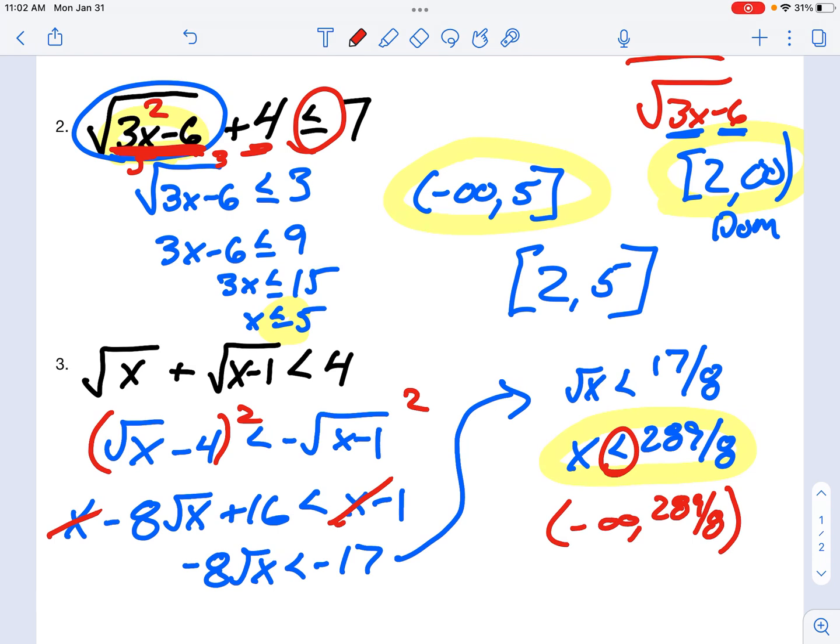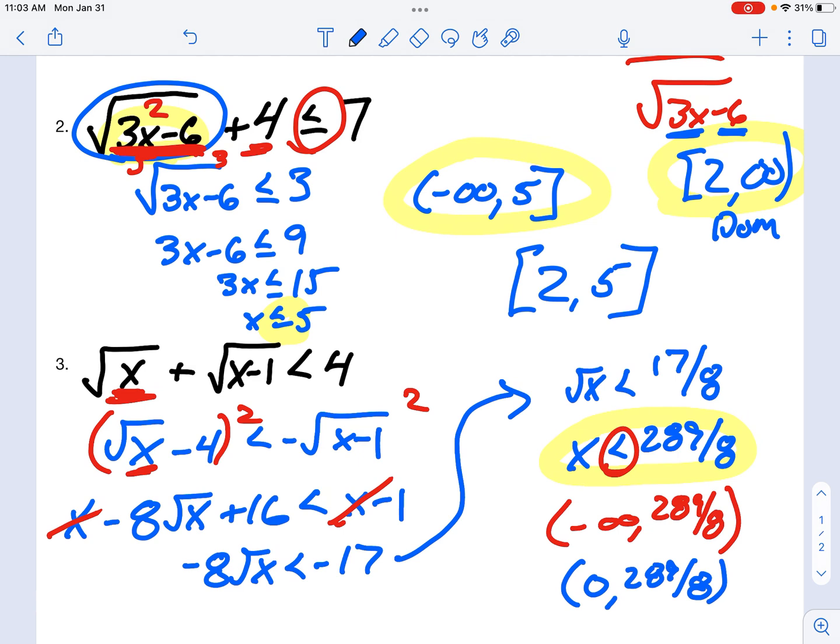But the red flag comes up because, wait a second, I know I can't substitute negatives into here. If I put a negative in, that's going to give me a negative in my radical, and that's illegal. So now I'm thinking, all right, I caught the red flag. I can't go to negative infinity. I have to go from 0 to 289 over 8.